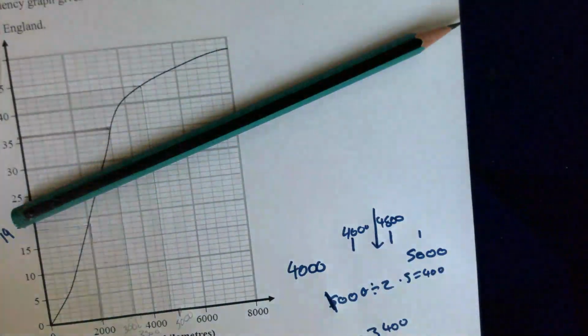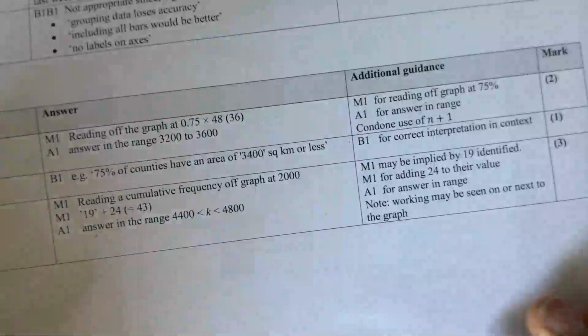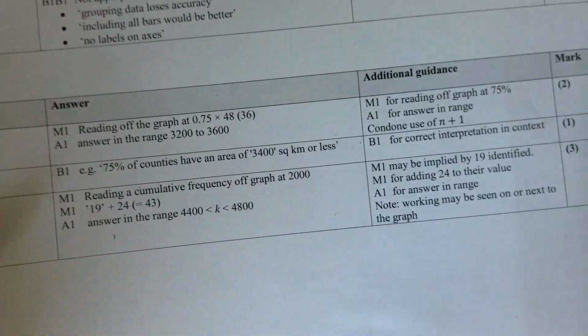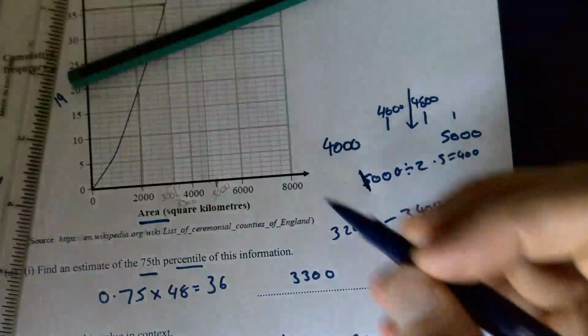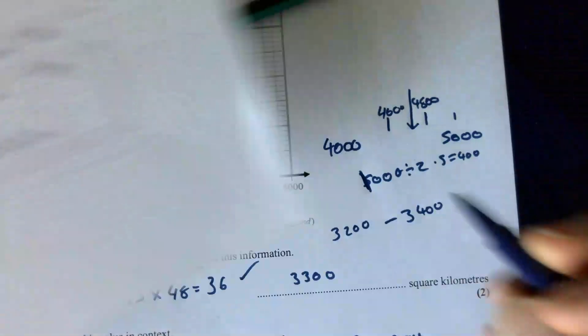Let's get the marks again. Reading off the graph, 1 mark for that. We know that I've done that. There we are. Answer in the range 3,000 to 3,200.